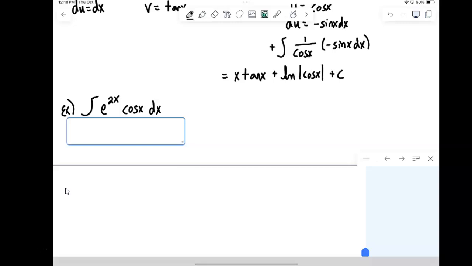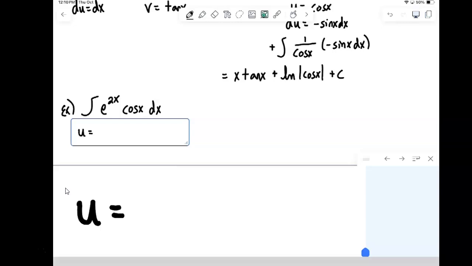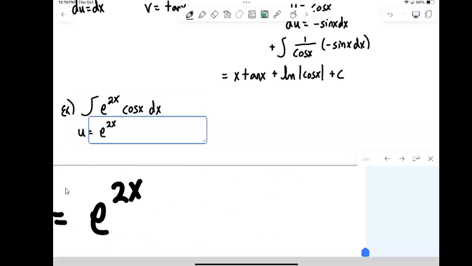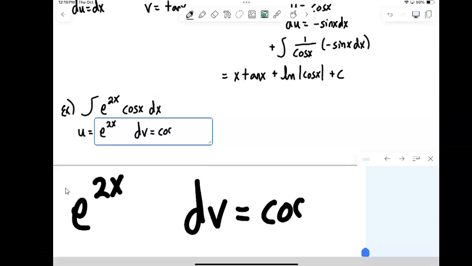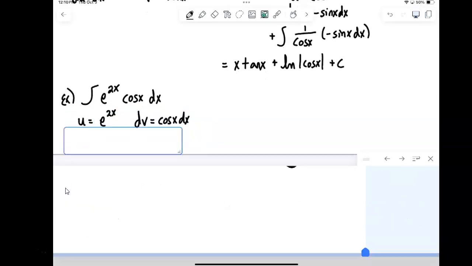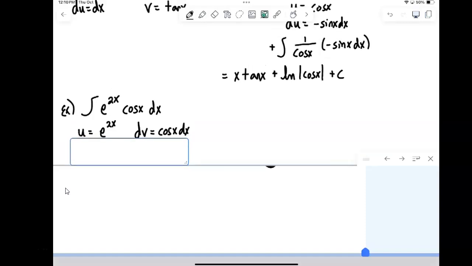But here's what I want you to see here. Let's just take a look and let's just try this. Differentiating e to the 2x is slightly easier than integrating it, so I'm going to go with that one as u. And it's pretty easy to integrate cosine, we know how to do that, so I'm going to go with that as dv. Then differentiate to get du.